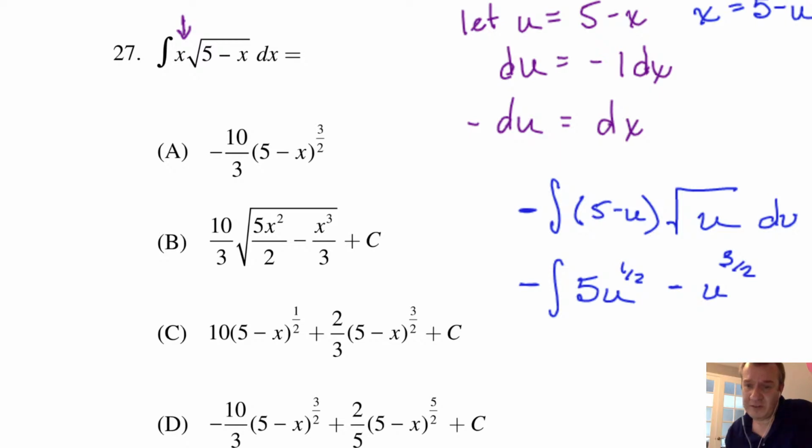Now power to our heart's content. If anything, though, we're going to have 2 different sets of exponents. It's not going to stay at the 1/2 and the 3/2. You may already know your answer here without having to go through the painstaking process of rewriting. If anything, I can get rid of C, so I'm going to have to use a power rule, which should prove answer D immediately, constants and everything.